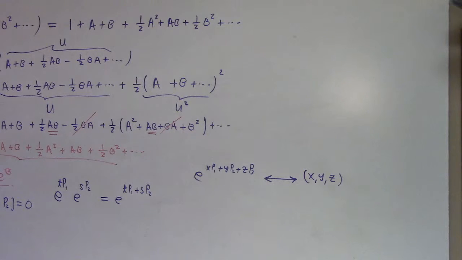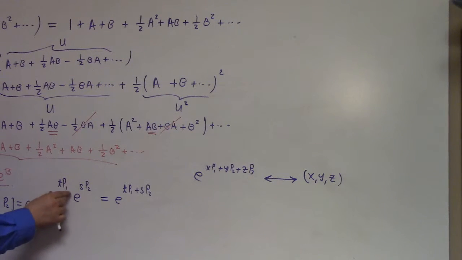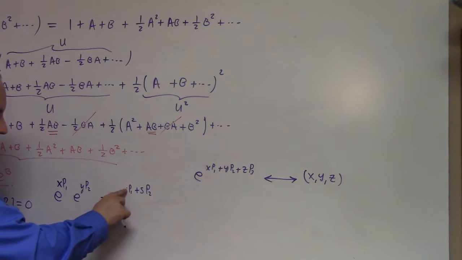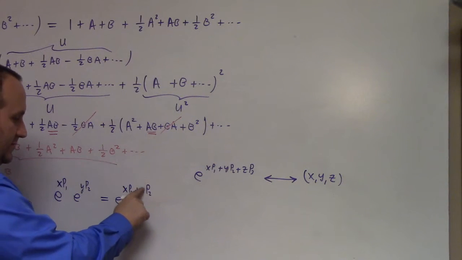And in this way of thinking, multiplication by momentum, what does it do? You can think about your initial point being, let me use an x, like xp1. You multiply by yp2. You go to xp1 plus yp2.